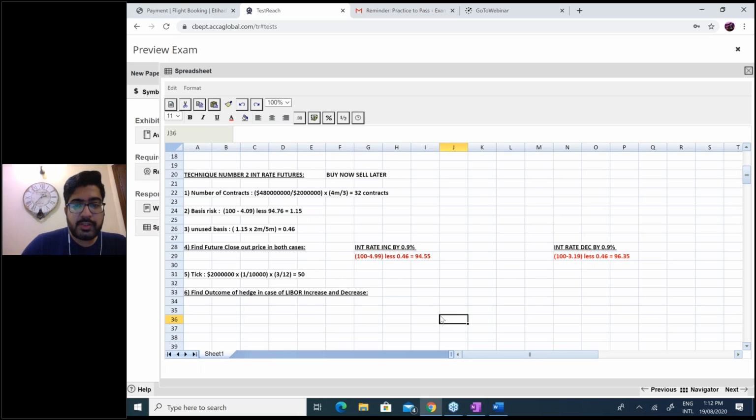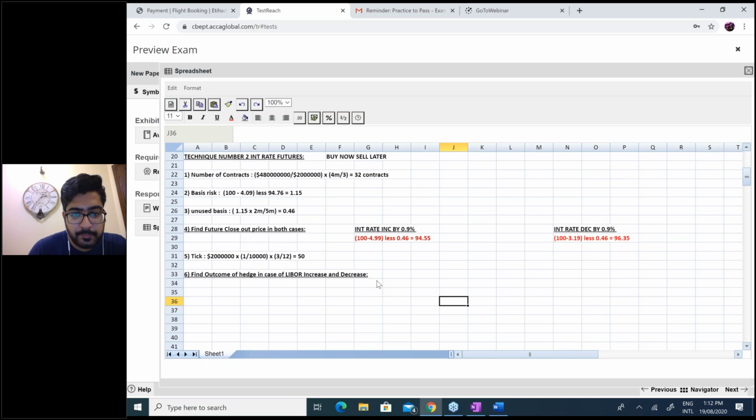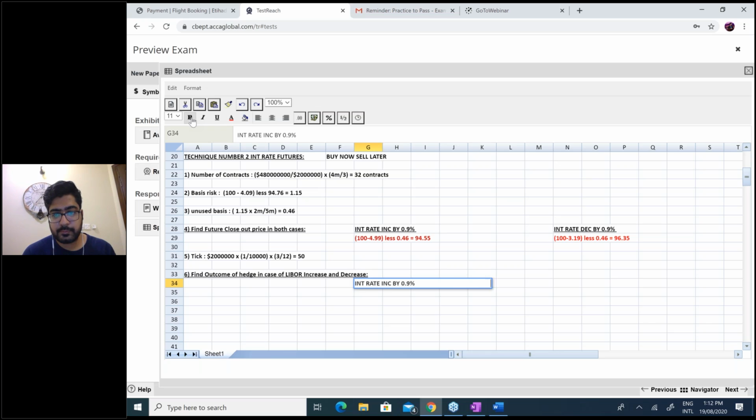I need to find the outcome of hedge in case of LIBOR increase and decrease. There are 2 cases. Interest rate increase by 0.9%. Interest rate decrease by 0.9%.